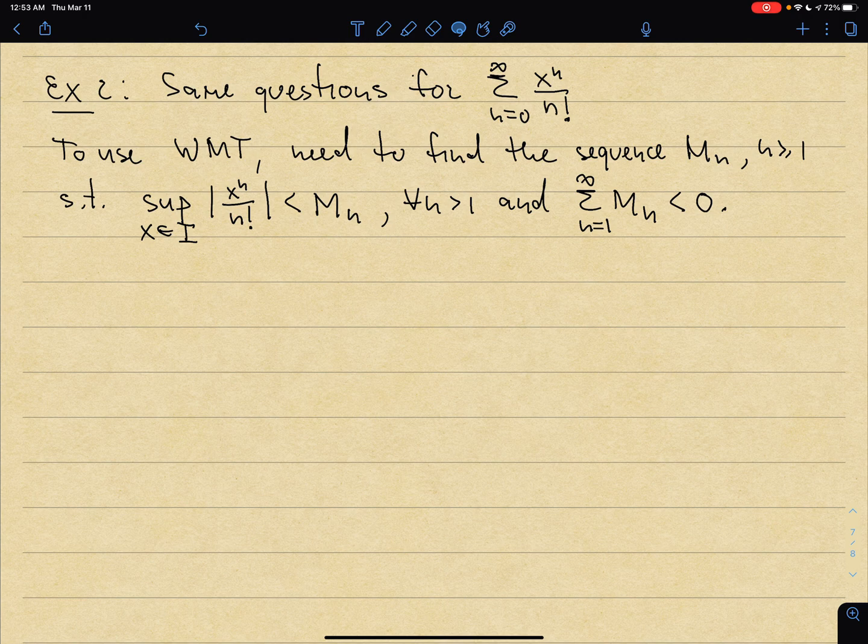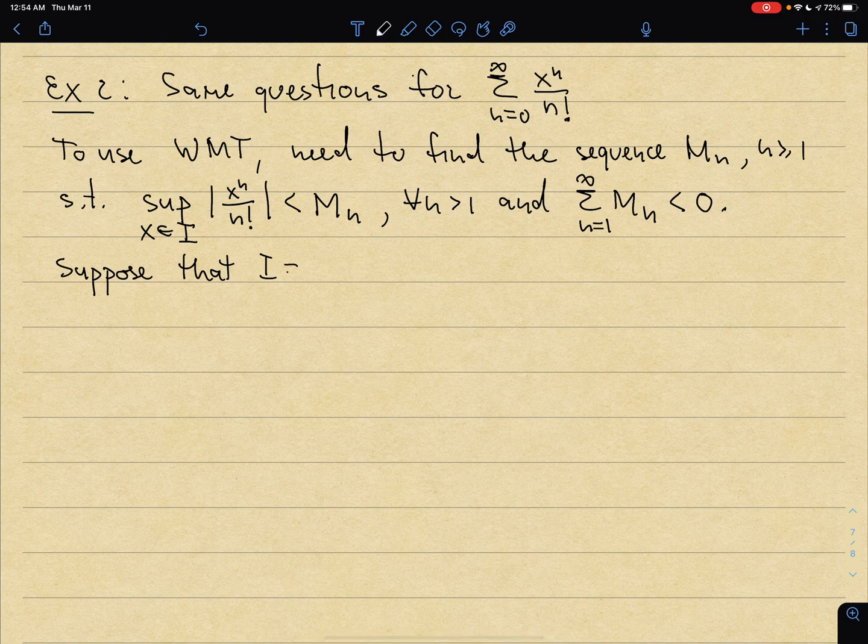Well, then I can try to utilize what we just did in a previous example, maybe. I cannot test on the interval from minus infinity to infinity, but let's limit our ambition here.